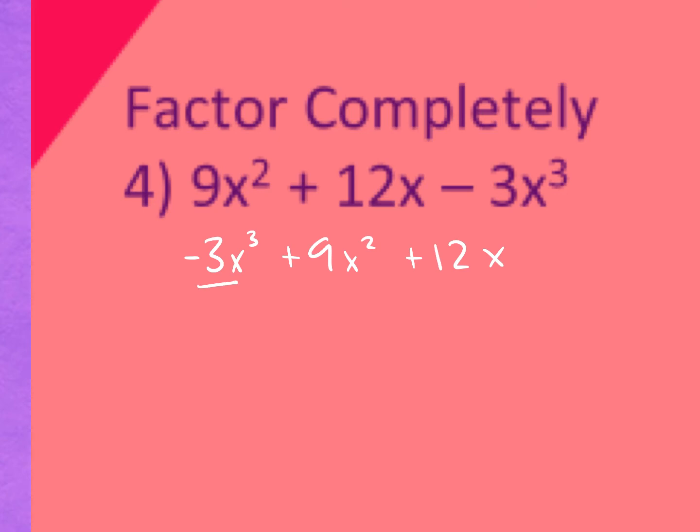So I'm going to take out the GCF of negative 3x. So negative 3x comes to the outside. Then I'm left with x squared minus 3x minus 4, because 9 divided by 3 is 3.